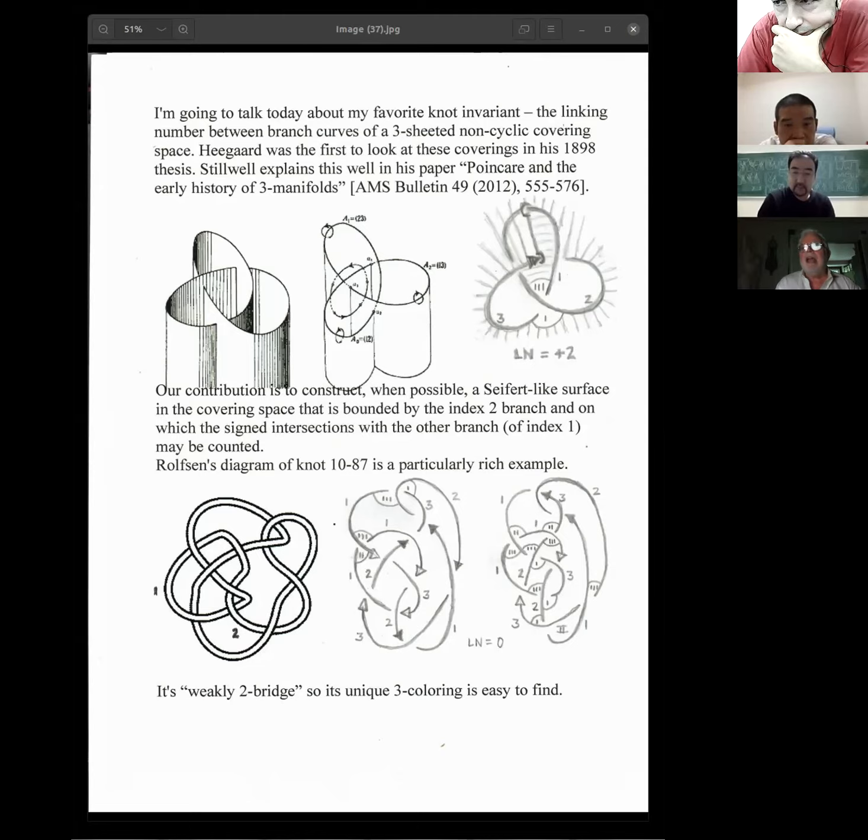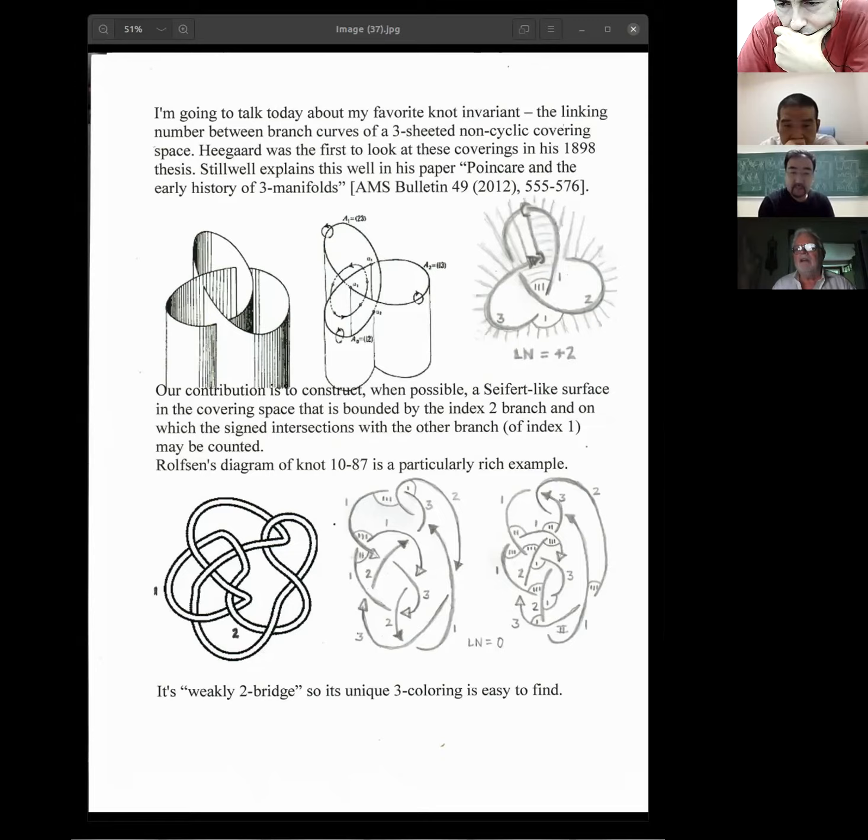It works about half the time for most of the knots, the three colored knots through, say, 11 crossings. And I computer calculated their linking numbers in my senior thesis many, many years ago. And in about half of the cases, they can be seen in this way.